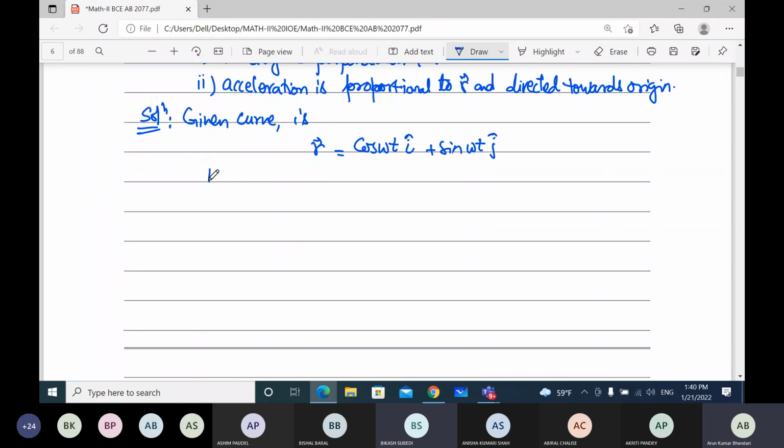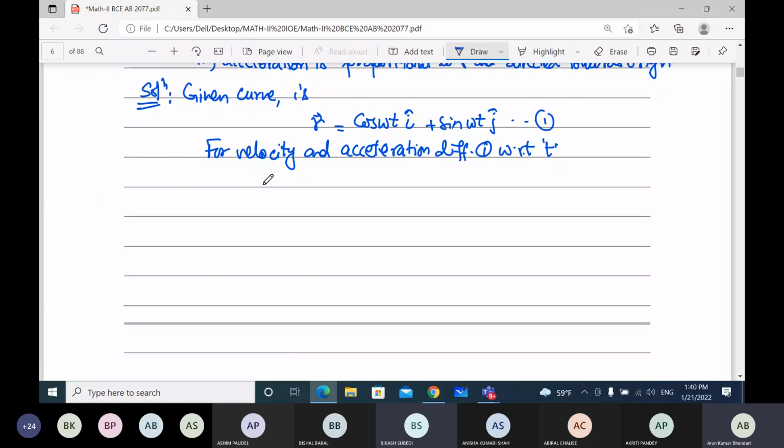For velocity and acceleration, differentiating with respect to t, velocity is dr by dt equals omega, derivative of cos is minus sine, so minus omega sine omega t i plus omega cos omega t j.